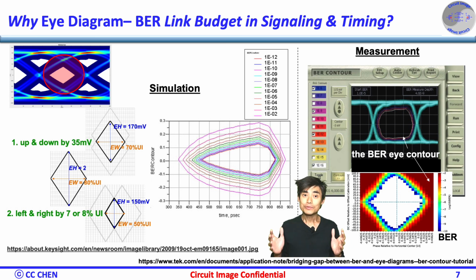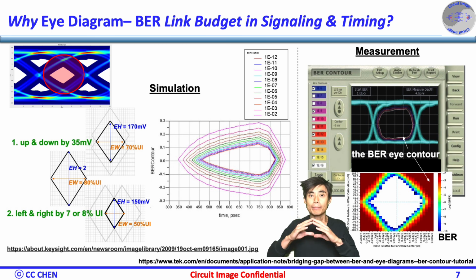Therefore, we must move the eye of the residual eye only up and down by the thermal voltage outlier under the target bit error rate. Then move it left and right by the random jitter outlier as well.